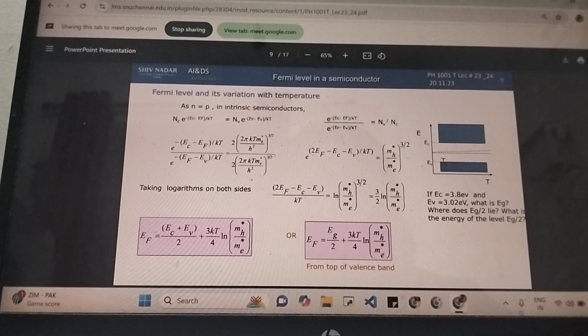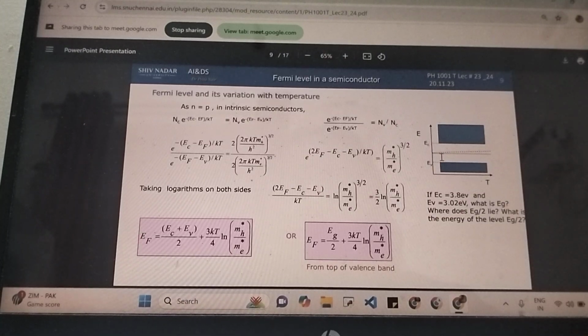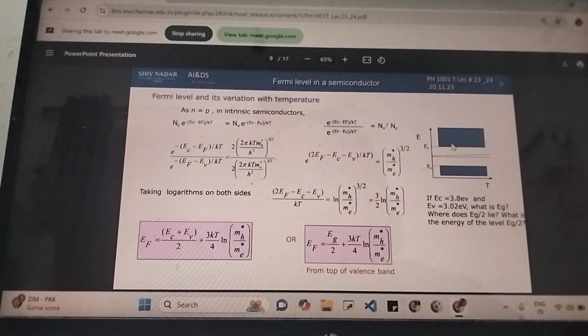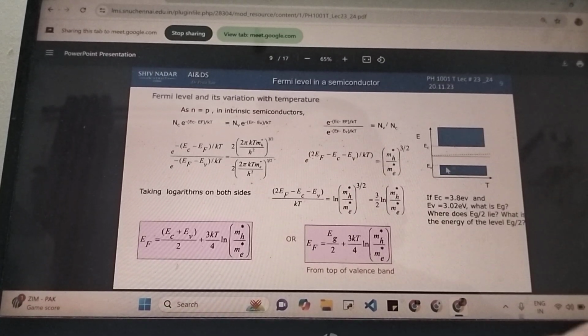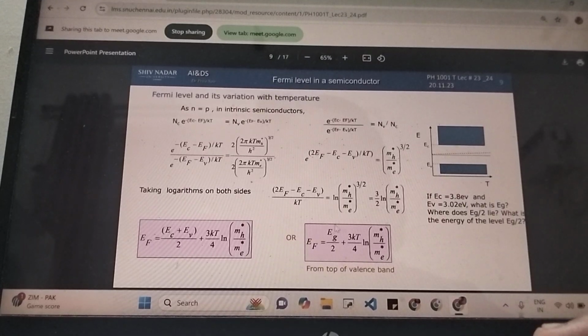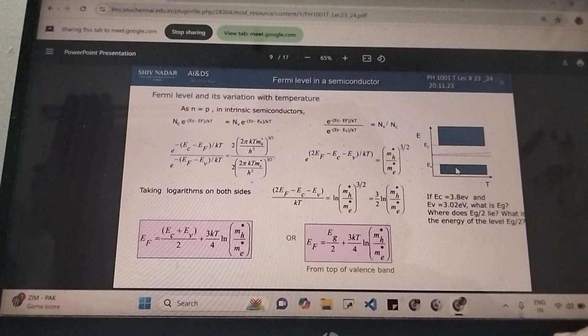So from the start of the valence band, that is from this point to the midpoint, that would be Eg by 2. So that would be (EC minus EV) by 2. That is exactly what we mean when we use this formula. So when I say Eg by 2, it is Eg by 2 from the start of the valence band.